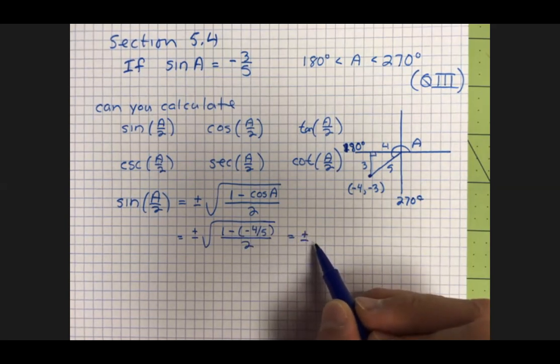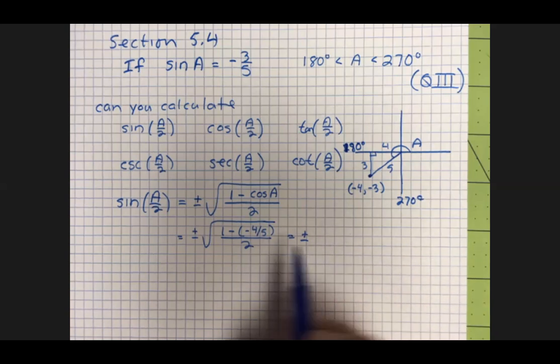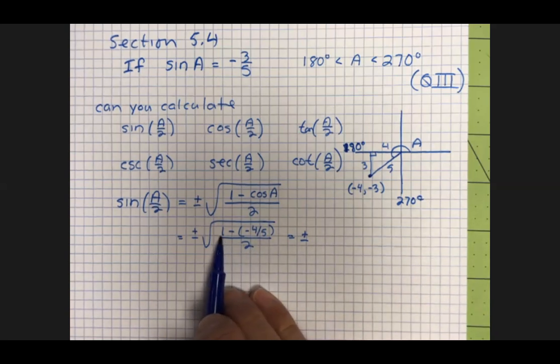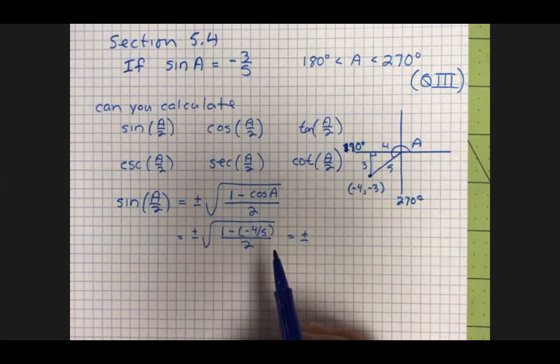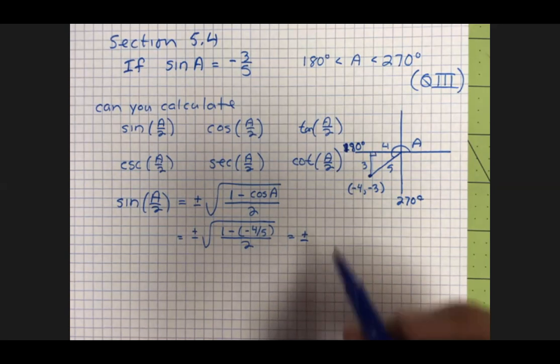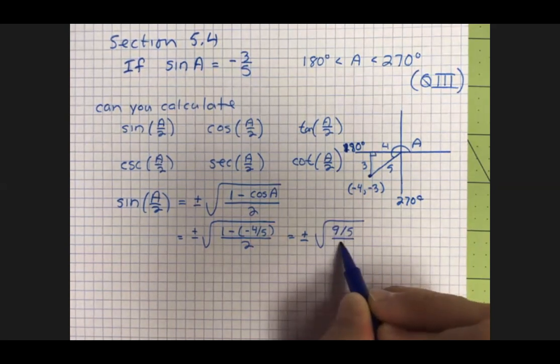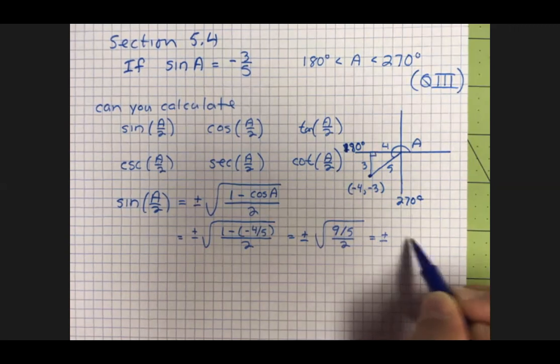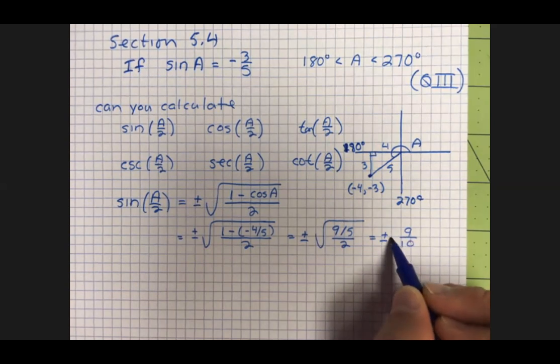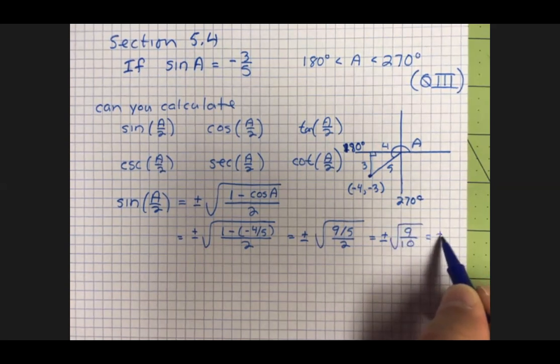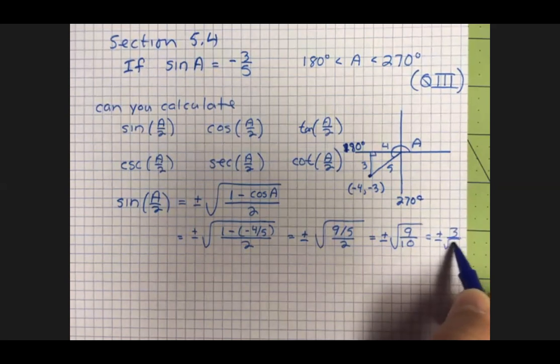I'm not going to make a commitment yet. We'll have to do that in a second. But let's figure out this fraction first. 1 plus 4/5. 5/5 plus 4/5. What is 5/5 plus 4/5? 9/5 divided by 2, plus or minus the square root of 9/10. That's plus or minus 3 over root 10. Unless they tell me to rationalize the denominator, this is a fine answer right here.